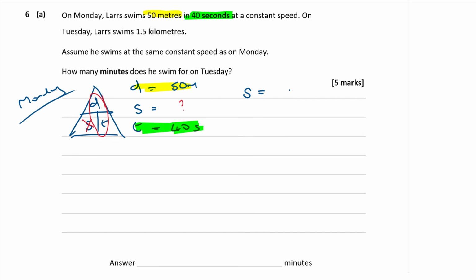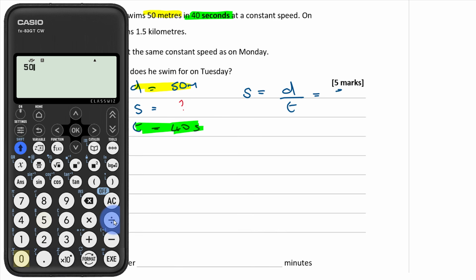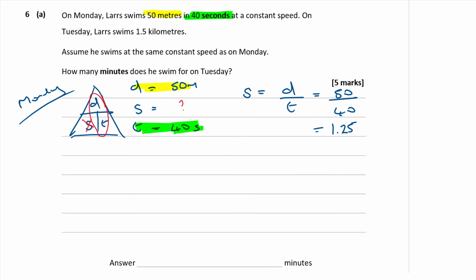So speed equals distance over time, which in this case is going to be 50 divided by 40, or 5/4, which is going to be 1.25 then, isn't it? And what's that in? That's going to be in metres per second, because the distance was in metres and the time was in seconds. Okay, so that's my speed of Lars swimming on Monday.